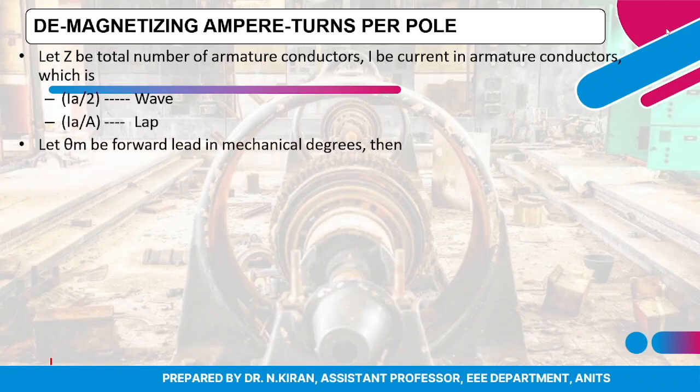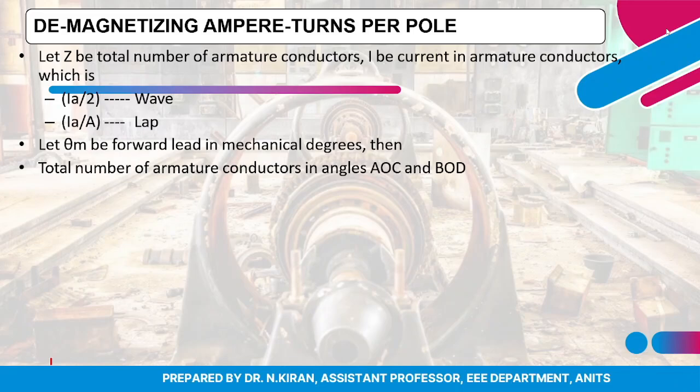If theta m is the forward lead in mechanical degrees, then the total number of armature conductors in the angles AOC and BOD will be Z into 4 theta m by 360.